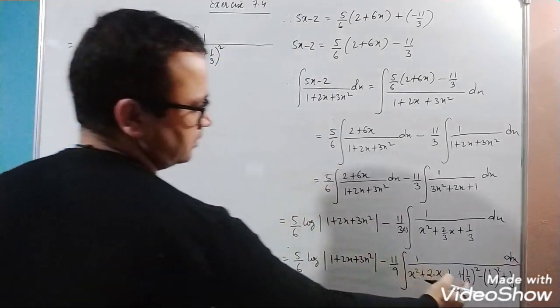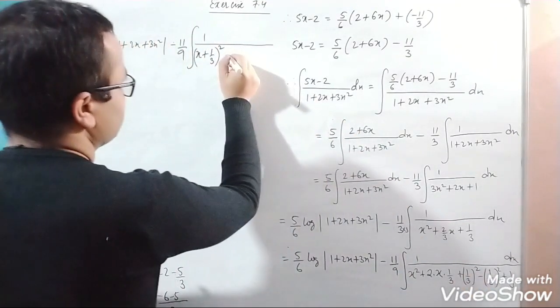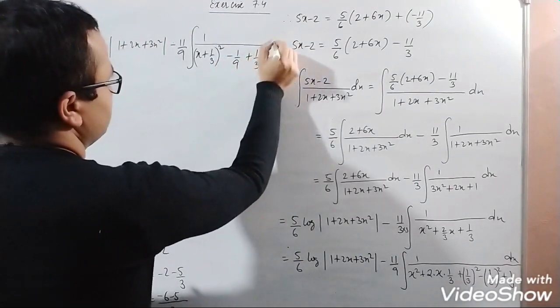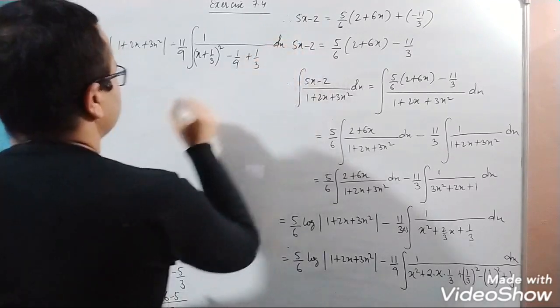Now what is the square of 1 by 3? It is minus 1 by 9 plus 1 by 3 dx.